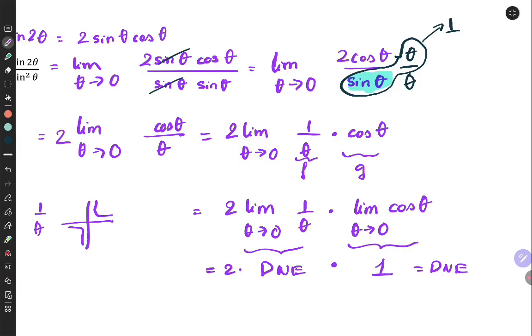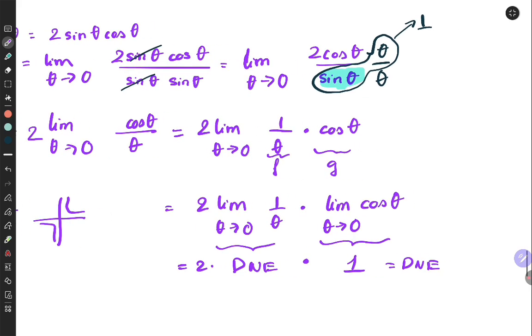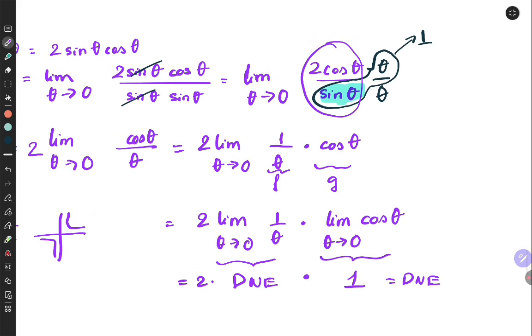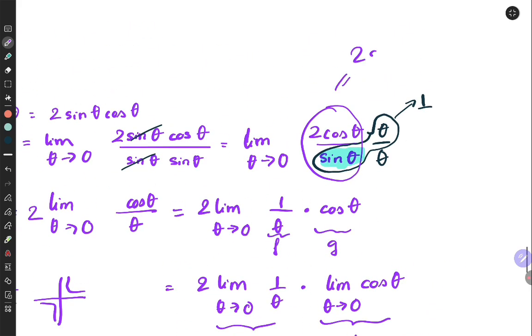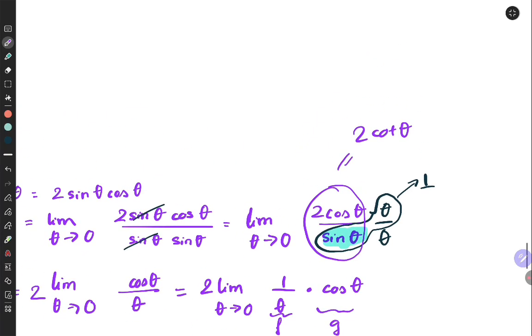Yes, another direction is right here. Instead of multiplying, that is just 2 cotangent of theta. And yes, you can analyze the plot of cotangent of theta around 0. But anyone know what it looks like? You have an asymptote. It's going to look like this.